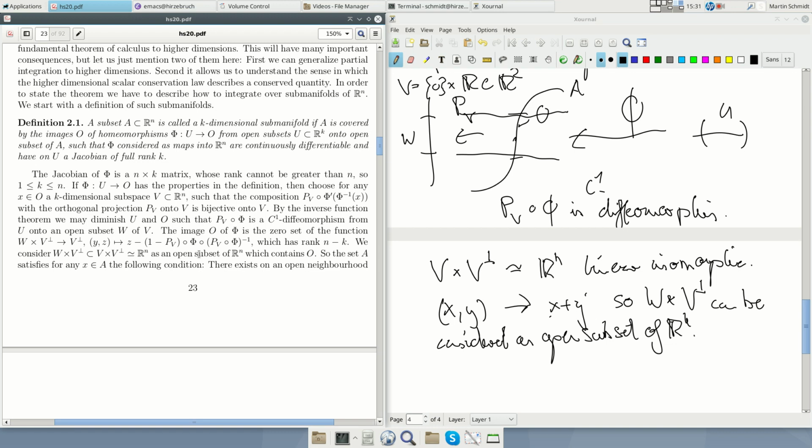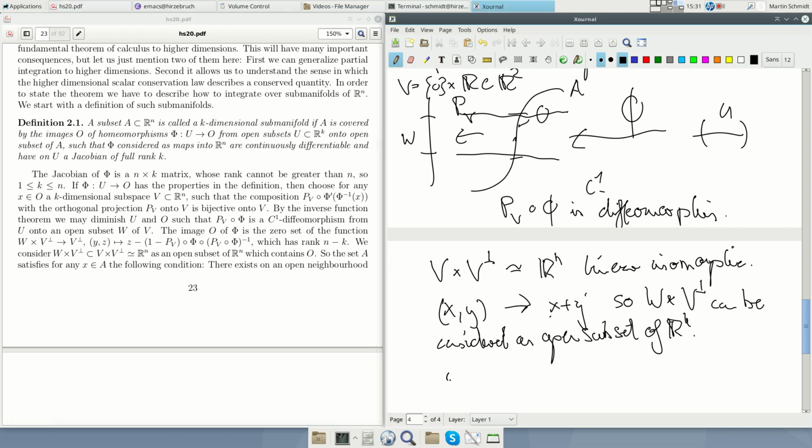And then on this strip, now we define this function here. We first take y and map it to... Sorry, we should insert a y here. There's a y missing.